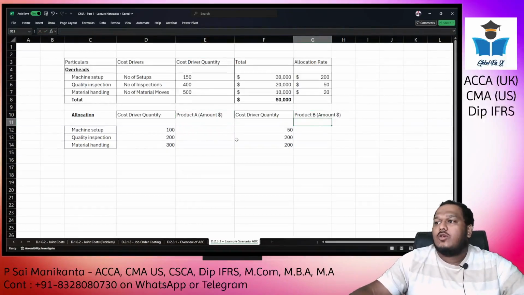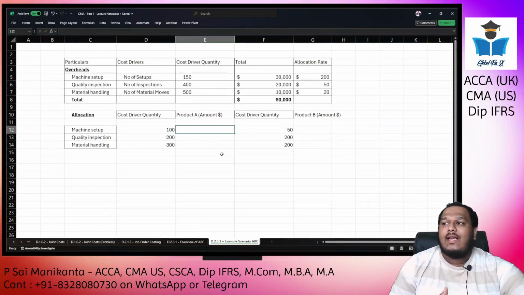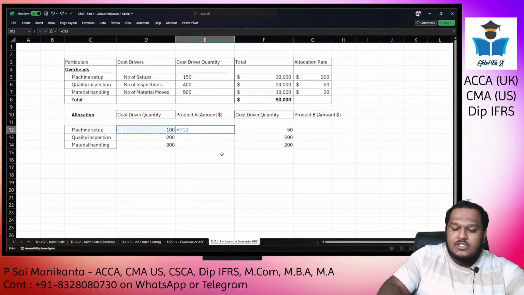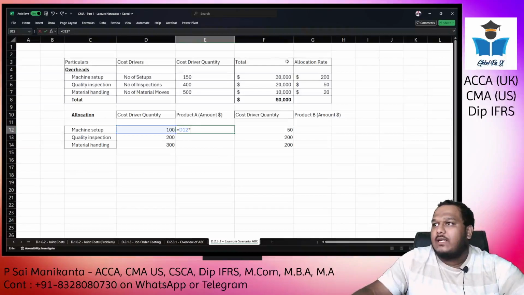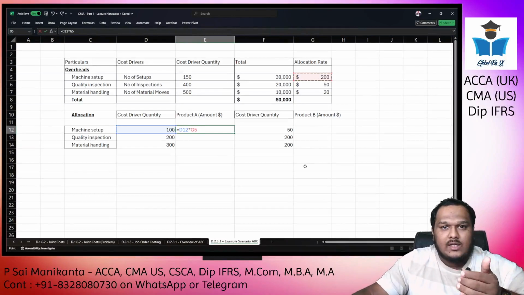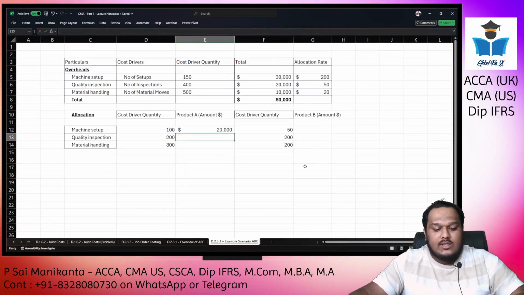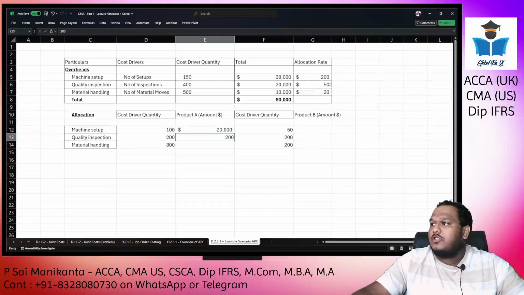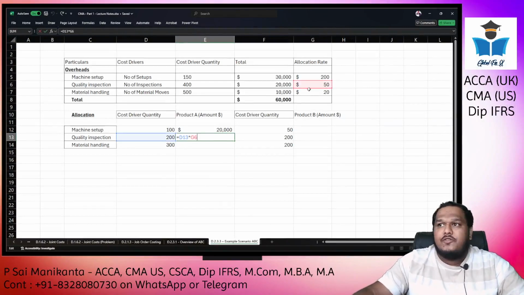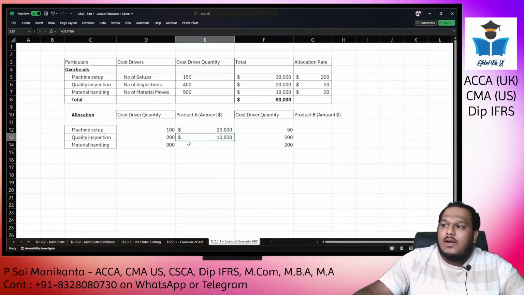Now for product A, 100 machine setups are needed. Per setup machinery cost is 200. So 100 setups at 200 each is 20,000. Similarly, 200 inspections into $50, that is 10,000.